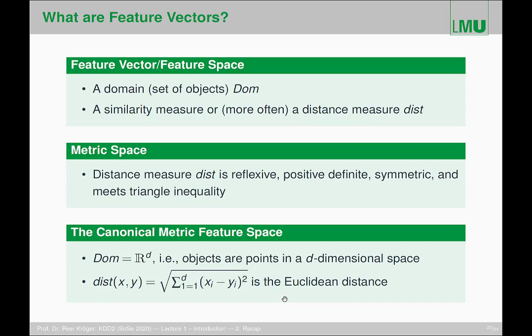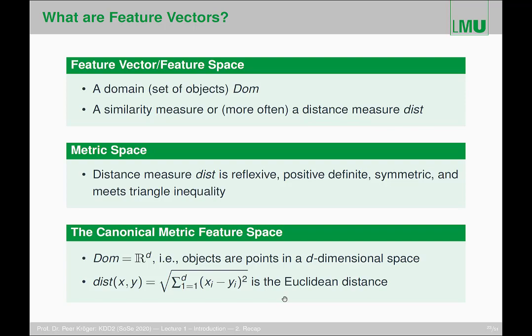The reason why you want to have a metric space is mostly because it's mathematically easy and handy, but very often, especially the triangle inequality, is somehow counterintuitive in many applications. So very often you have feature spaces and object representations with a distance function that is not a metric, and still you are happy if the distance behaves like a metric.